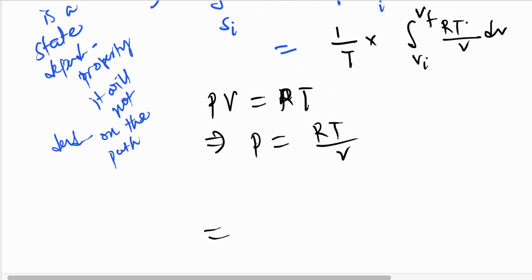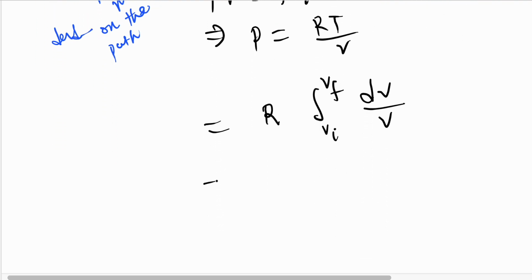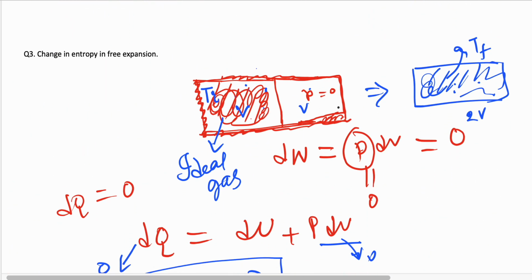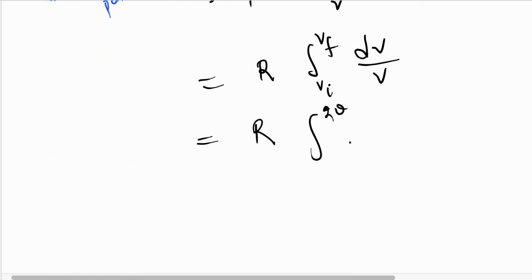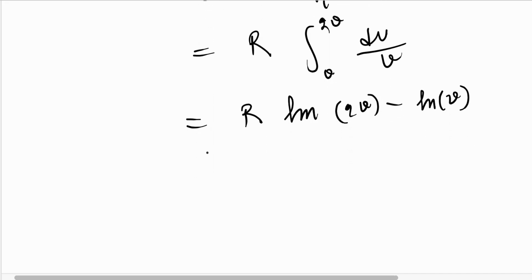Now T cancels, so R times the integral from V initial to V final of dV by V. V final is 2V, the final volume is 2V, initial volume is small v, so from V to 2V, dV by V is equal to R ln 2V minus ln V, so this is equal to R ln 2.